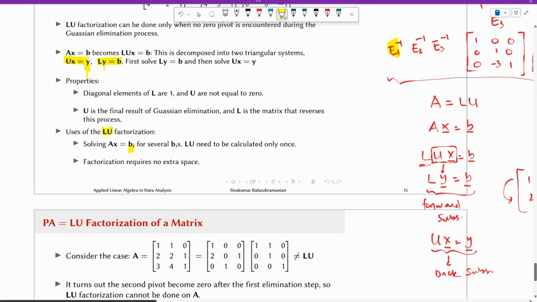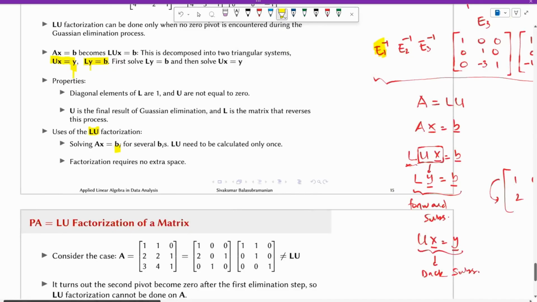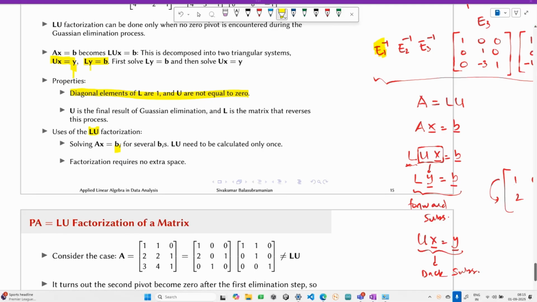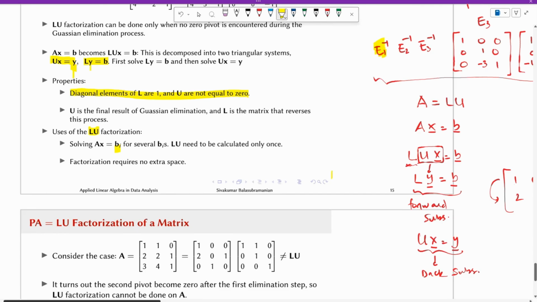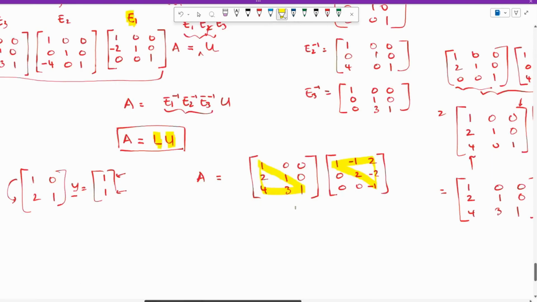And the very nice thing about the Gaussian elimination operation, or the LU decomposition, is, if you notice, the diagonal elements of your L matrix will all be 1.